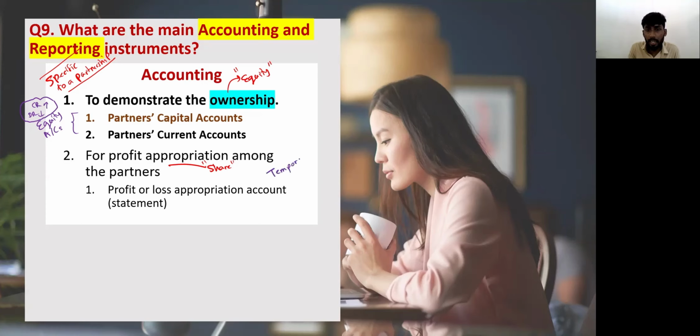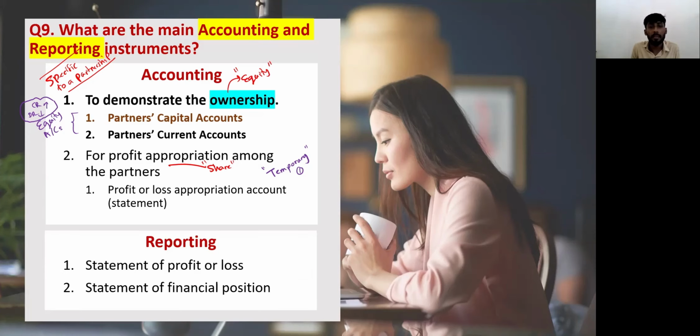Once we appropriate the profit, this account will be zero. Okay, clear. Now, to demonstrate the ownership, let's first learn the reporting things and then we move on to a detailed explanation. For reporting purposes, I will write financial statements.